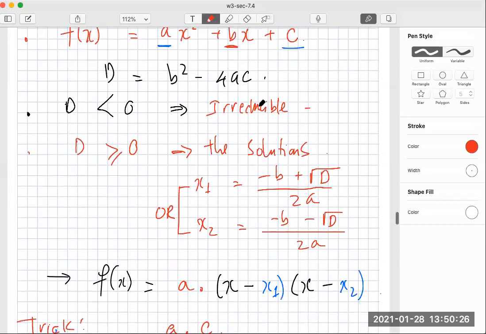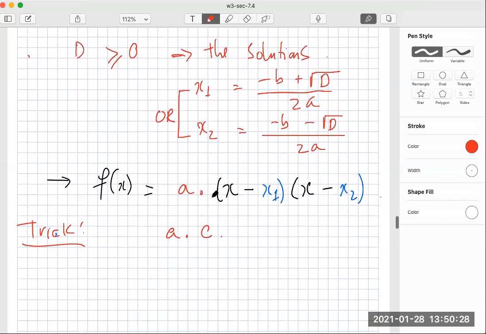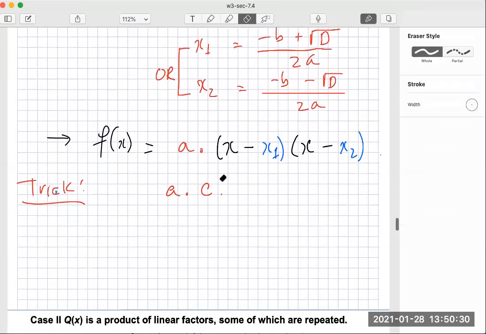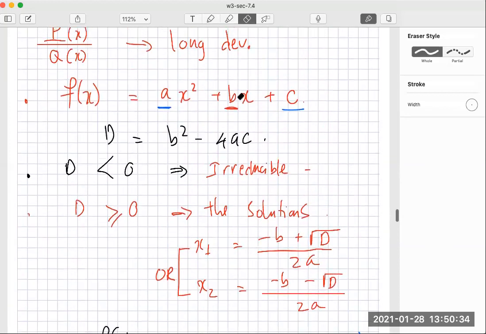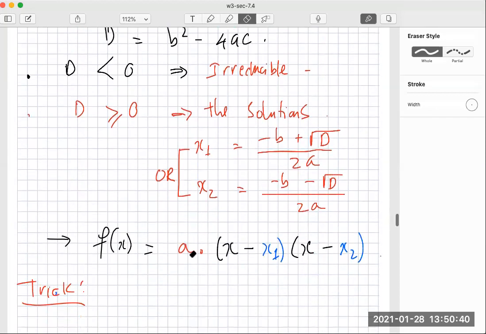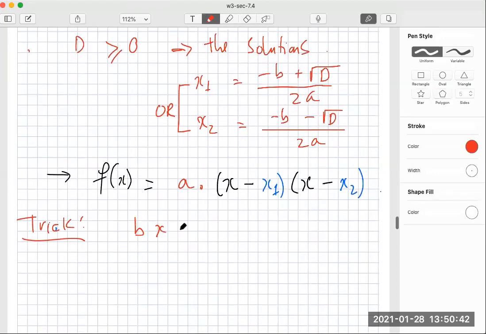Product of A and C. The trick is that we can separate bx to be Ax plus Bx. We can always write it this way so that we can factor them out.